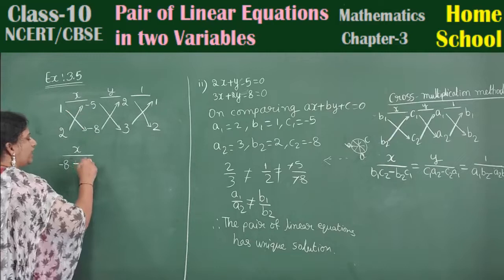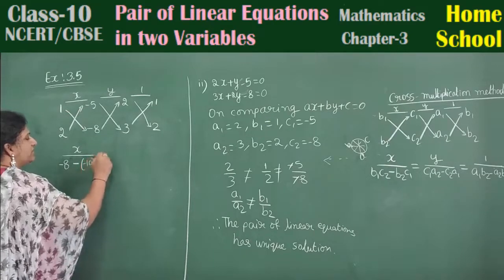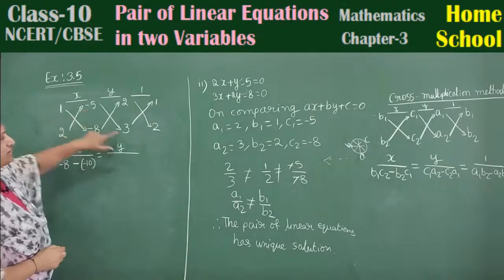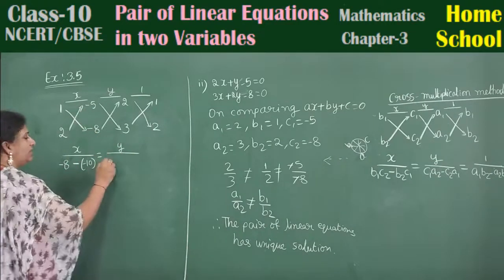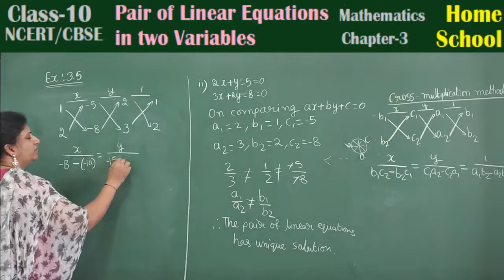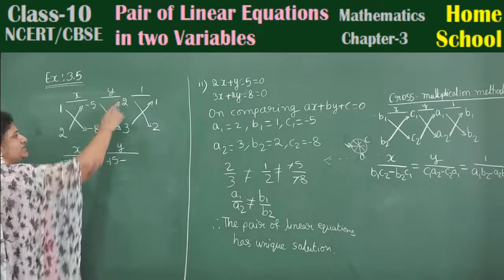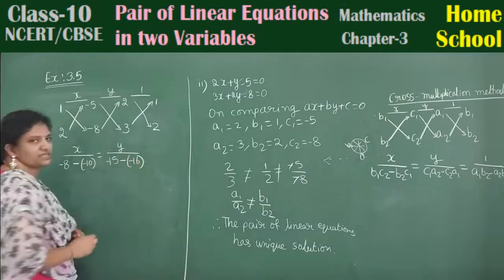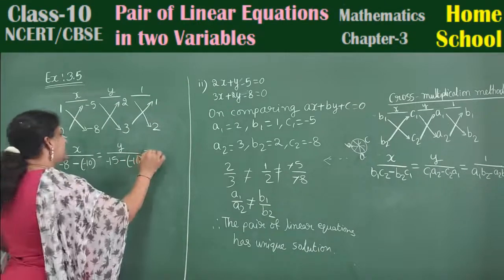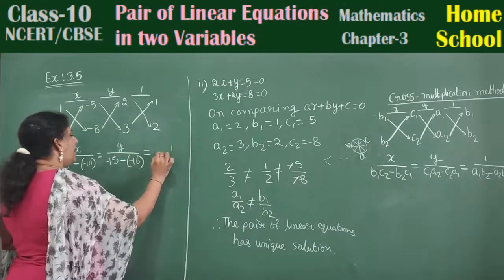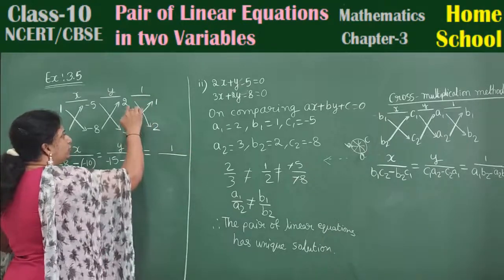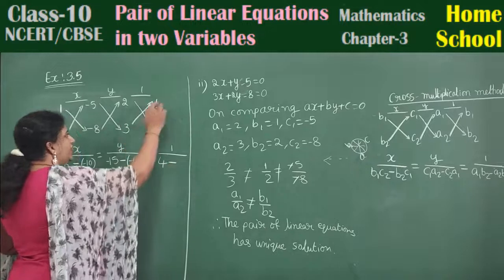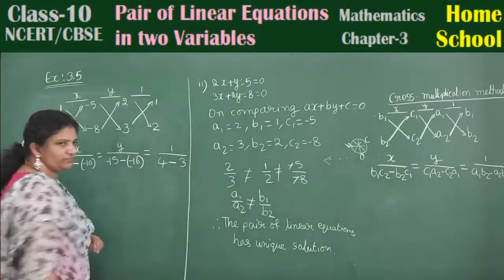So you can write this with the brackets, is equal to y by minus 5 into 3 minus 15, minus 8 into 2 minus 16, is equal to 1 by 2 into 2 is 4 minus 3 into 1 is 3.